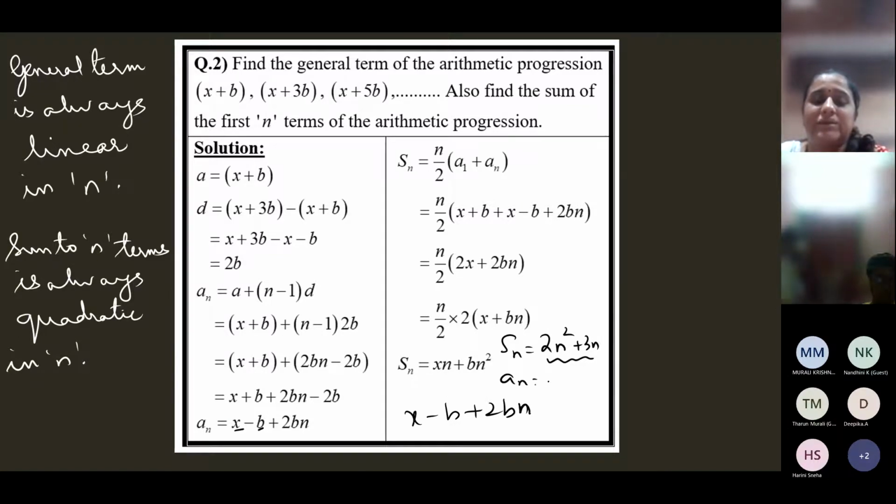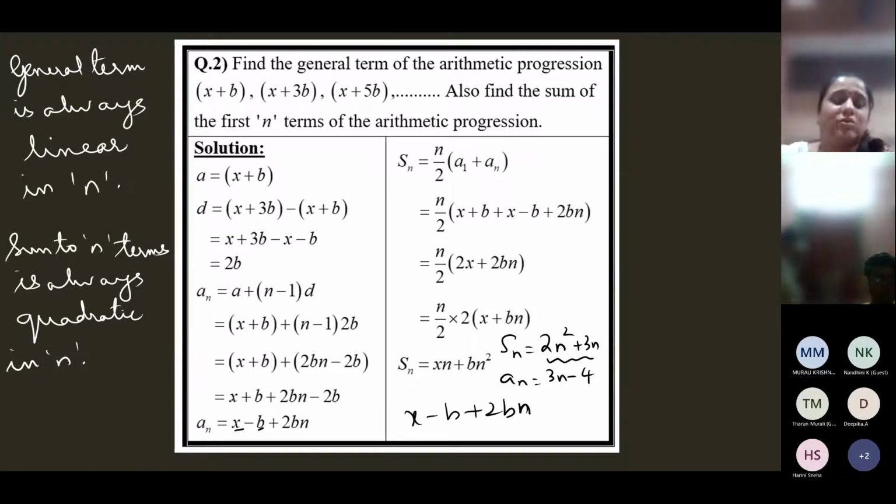But an will always be something like 3n minus 4. It'll always be a linear expression in n. Sn is always a quadratic expression in n. an is always a linear expression in n.